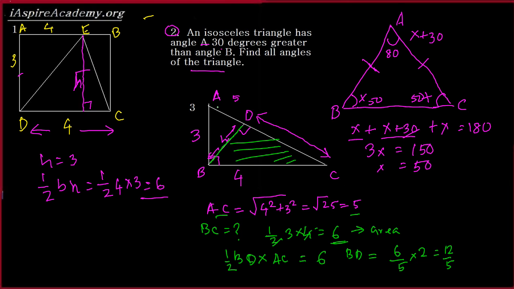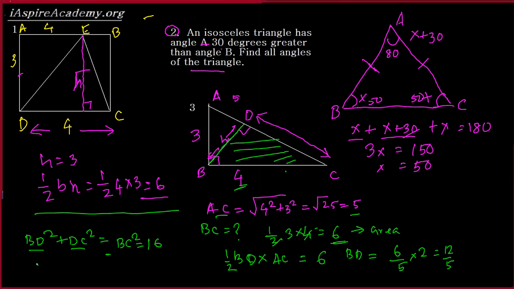So now if we apply Pythagorean theorem on the smaller triangle, let me make some space here, BD square plus DC square equals BC square, correct? So from there we should be able to find CD. So BC is 4, so BC square equals 16, and BD square equals 12 by 5 whole square.